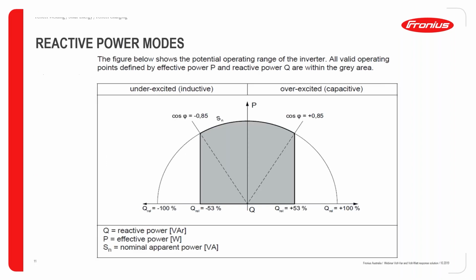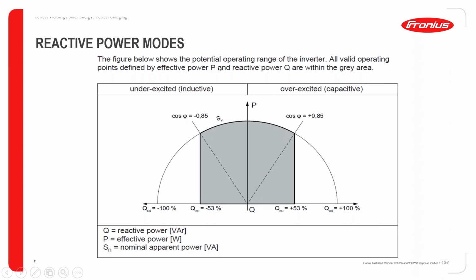This figure shows the range of the power factors. For each inverter, if you look at the data sheet, there will be a mention of the power factor you can set on that inverter.